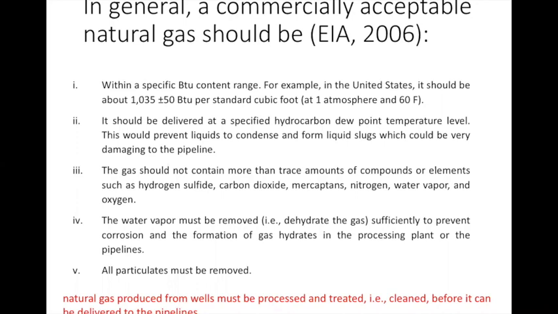But in the initial stage, our focus is to remove gas and liquid, and then in the further separation process, all the hydrogen sulfide, carbon dioxide, and mercaptan are removed. Initially, we are more concerned about separating gas and liquid, right? Now, the water vapor must be removed, the fourth point, sufficiently to prevent corrosion, as we have just said, and the formation of gas hydrate in the processing plant.